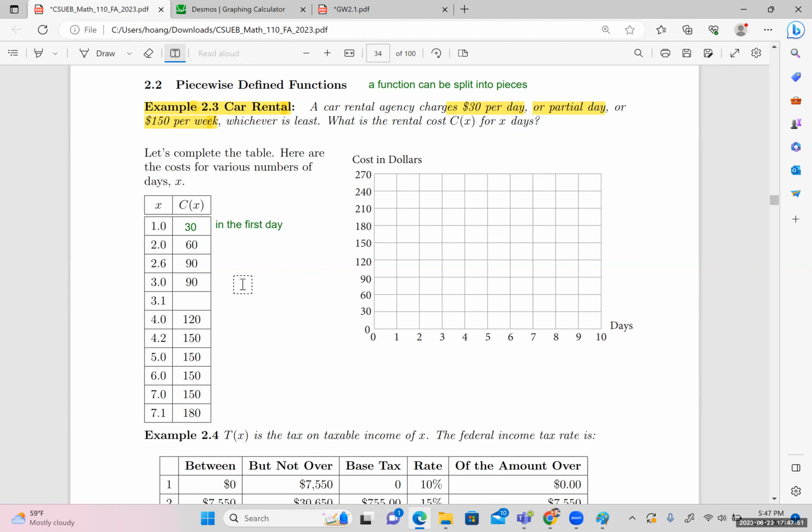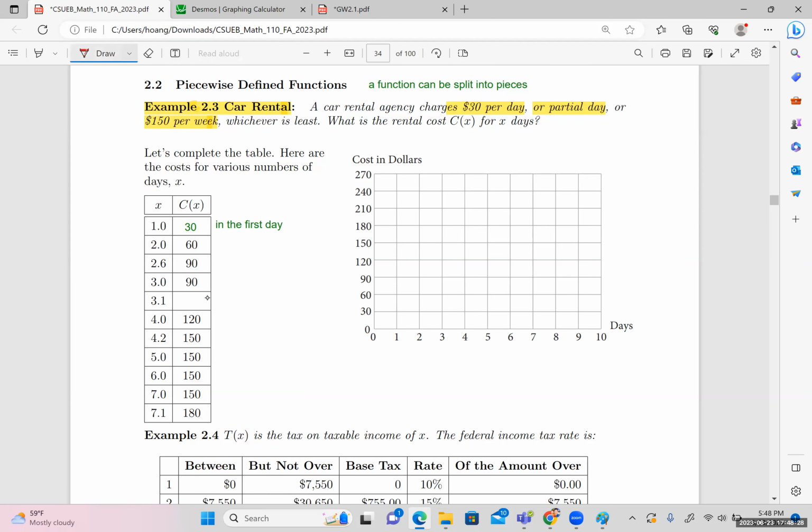However, if you use it for more than 2 days, say 2 days and 12 hours, or 2 days and 14 hours, something like that, you pay $90.